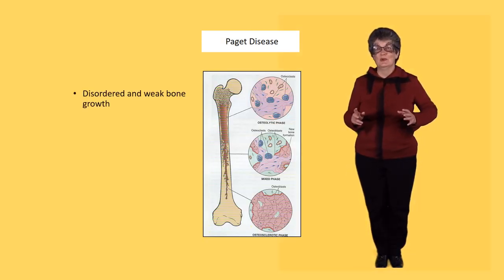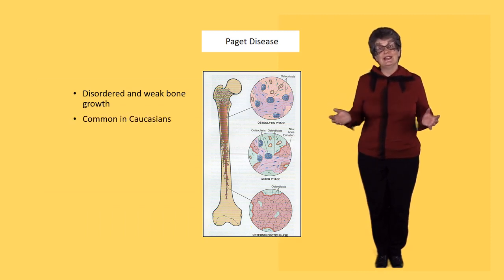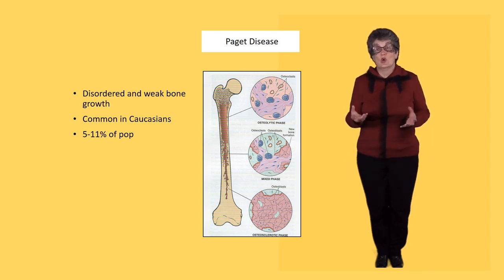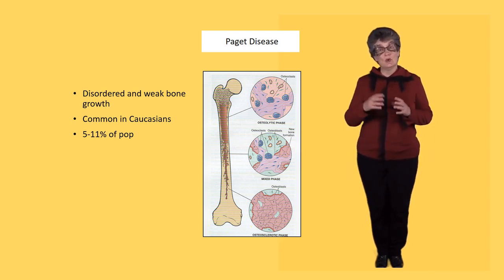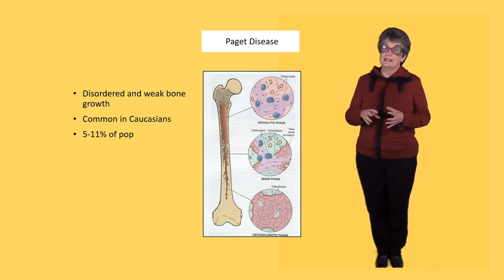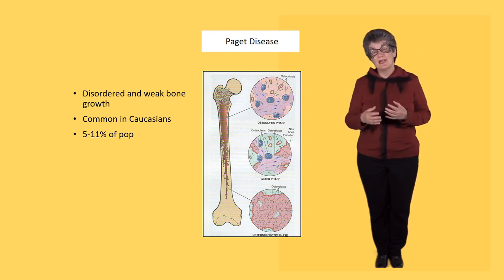Paget's disease of bone is common in Caucasian populations, affecting eventually up to 5 to 11%. We don't know what causes Paget's disease. There's been all kinds of things proposed, but one that's a favourite is a paramyxovirus causes the infection, perhaps by a kind of long-term reactivation.